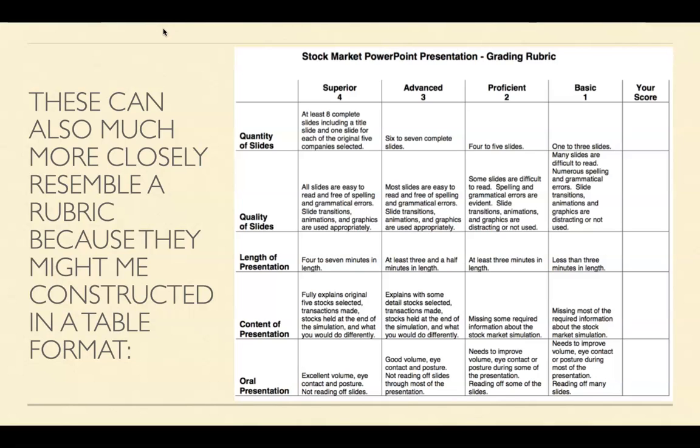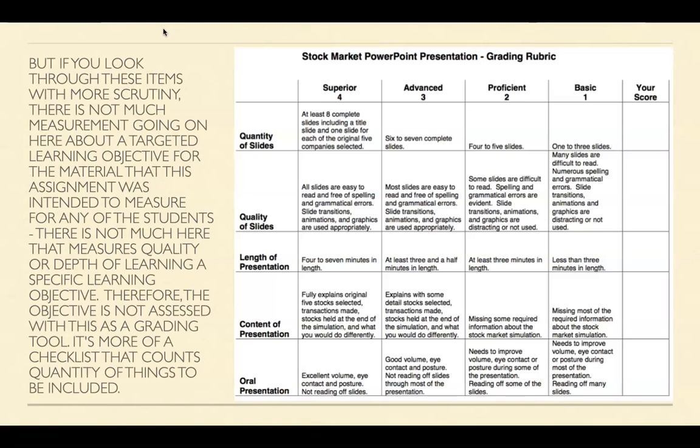You know, the quantity, how many slides you have, the quality of slides, maybe that could be generalized a little bit, how long the presentation is, 4 to 7 minutes, the content of the presentation, do you explain what you're supposed to in your presentation, and just the methodology of your presentation. That's not really what we're shooting for. There's nothing in there that would correlate to a standard or an objective for learning about the stock market. So this is a checklist and not a rubric.